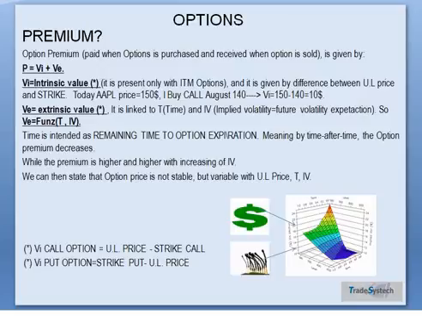Regarding the time, bear in mind the time here is the remaining time to the option expiration. Let's concentrate on this variable, leaving unchanged all the other variables such as implied volatility, price, etc. As time passes, the option premium decreases.